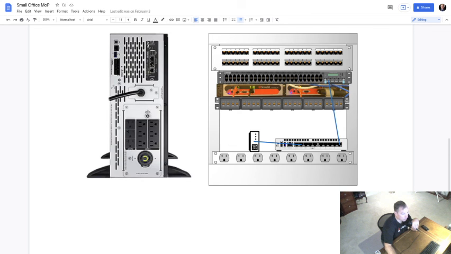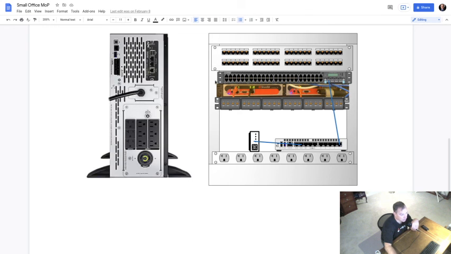So normally when I put in a UPS, I also put in a temperature probe in order to graph that over time. And if over the weekend it gets to be 95 because the switch is churning out a lot of hot air that's not getting cooled, then we need to talk to the landlord of the facility to see if there's some way that the HVAC can be adjusted.